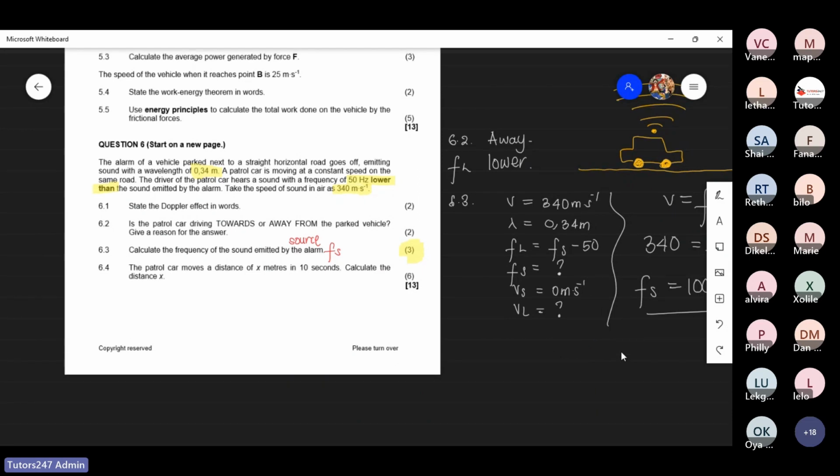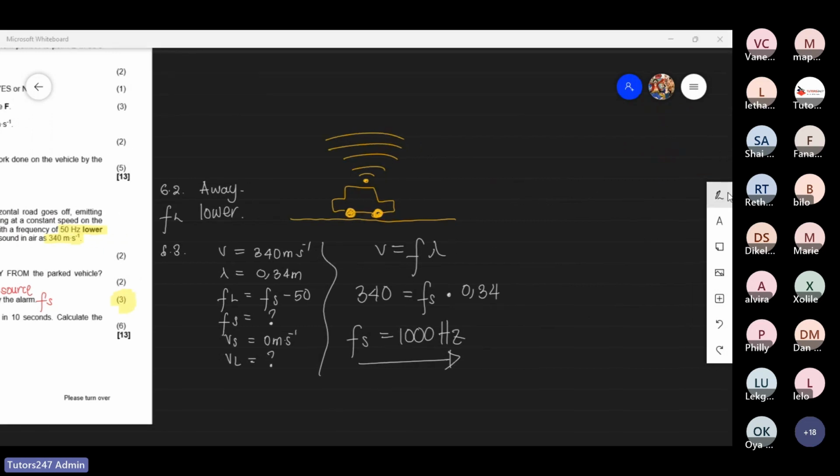So let's just put that in a drawing. This is our source, and let's say we have this patrol car that's moving away.